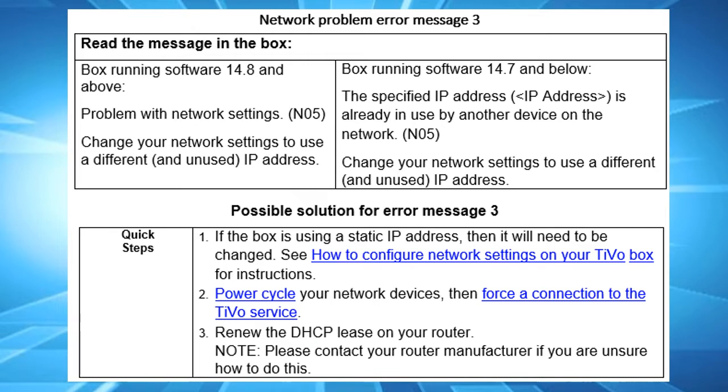Third, renew the DHCP lease on your router. Please contact your router manufacturer if you are unsure how to do this. You have many options on how to fix this network problem error message. If you don't know how, just contact your router manufacturer.